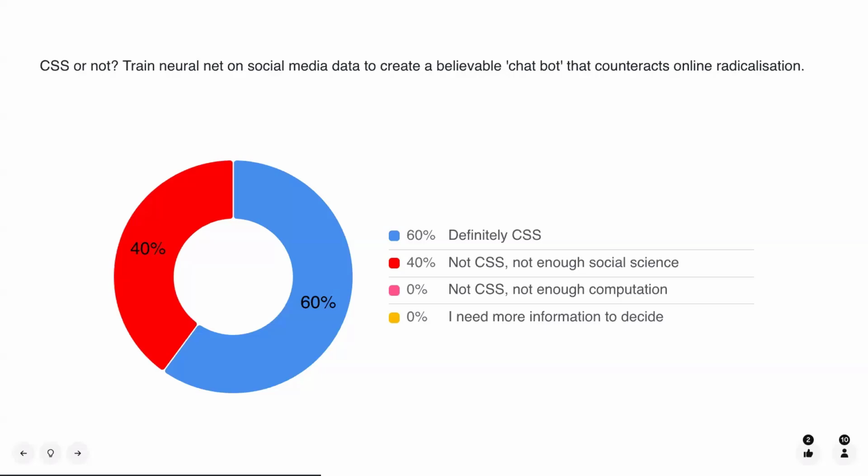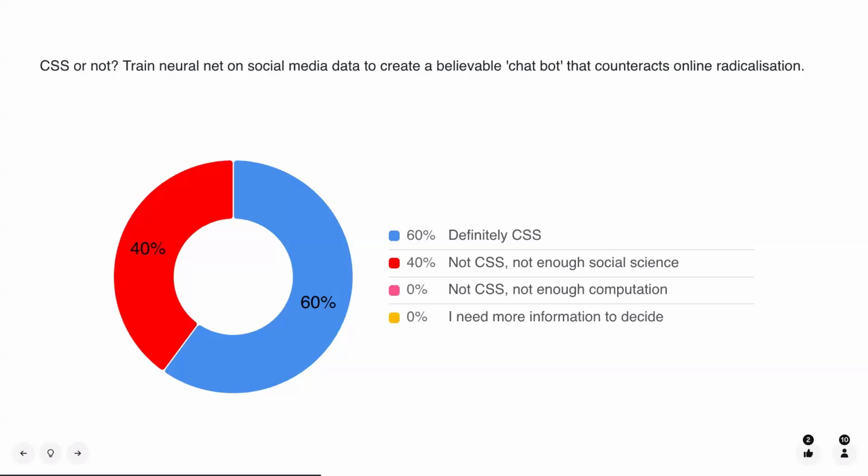Someone said, I'm going to use AI to investigate, detect, and prevent witchcraft and harmful practices in Southern Africa, CSS or not? That's a good question, Keith. I would say it sounds to me like a computational social science project. We've got that computational element, which is using AI, and we are aiming to prevent a behavior and a harmful practice.